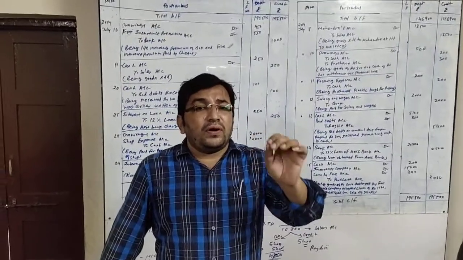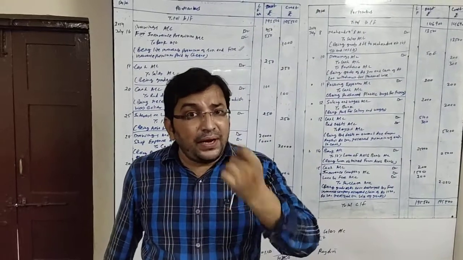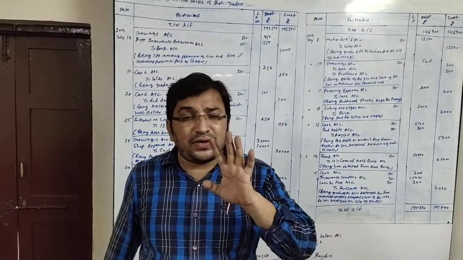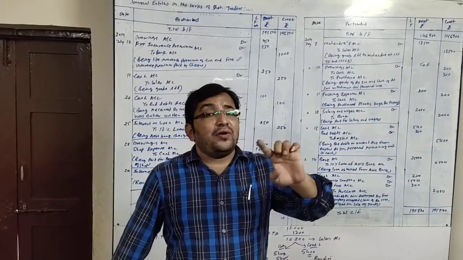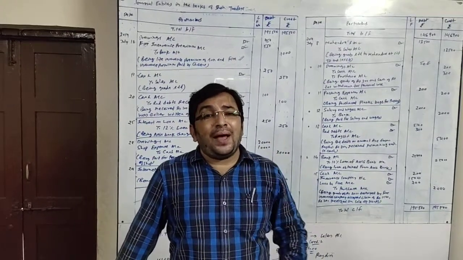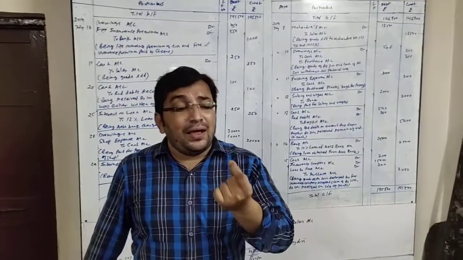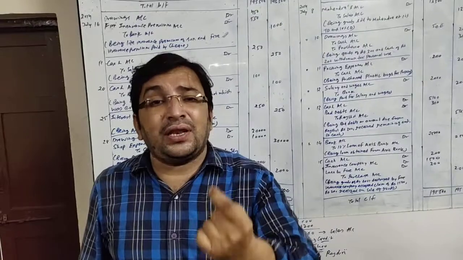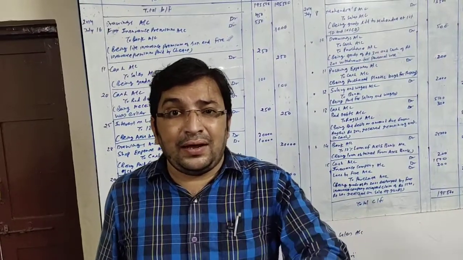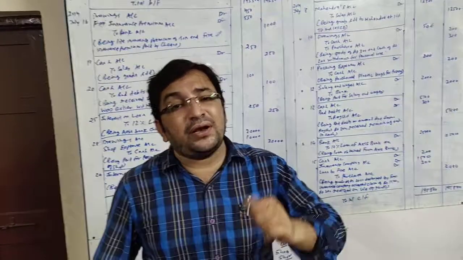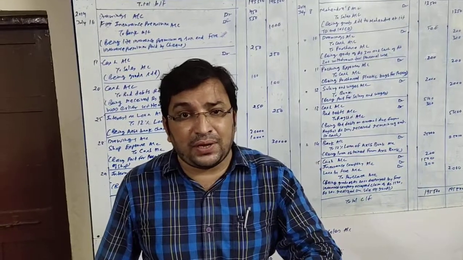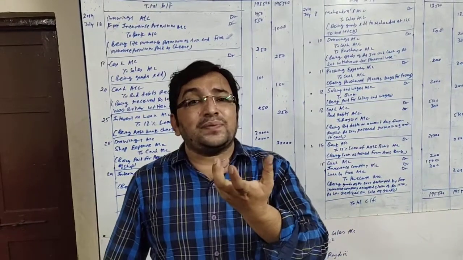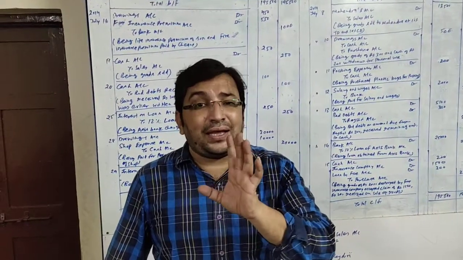Now what will happen? Interest on loan is an expense, so it has to be debited, but we are not paying it. So Axis Bank will add this interest amount to our loan amount. Earlier our loan amount was 25,000, now it will be 25,250. So our loan will increase by 250 because we are not paying in cash.